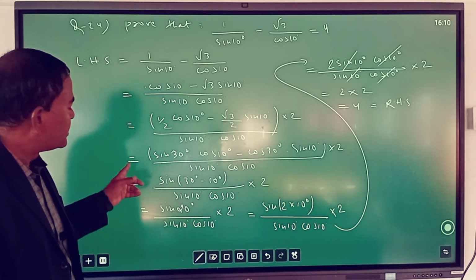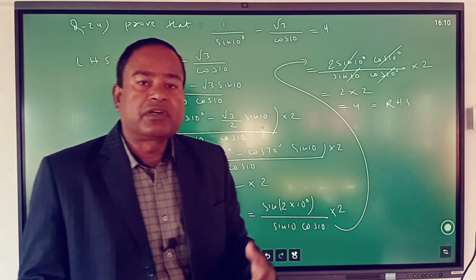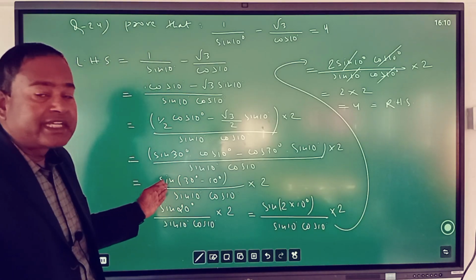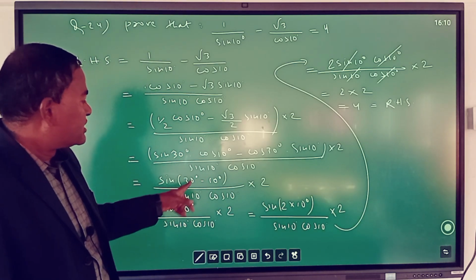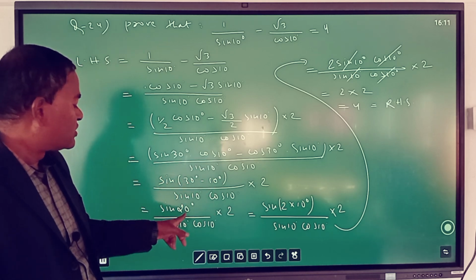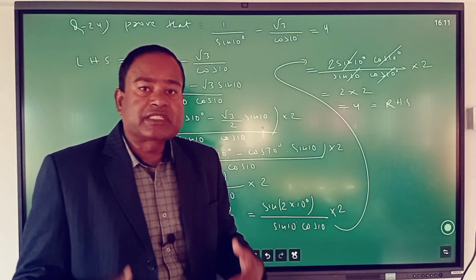So dear students, the expression of the numerator we have changed into the form of sin A cos B minus cos A sin B, which we can write as sin(A minus B). A means 30 degrees and B means 10 degrees. So sin(A minus B) is equal to sin 20 degrees. And sin 20 degrees, we know that it is a multiple of 2.